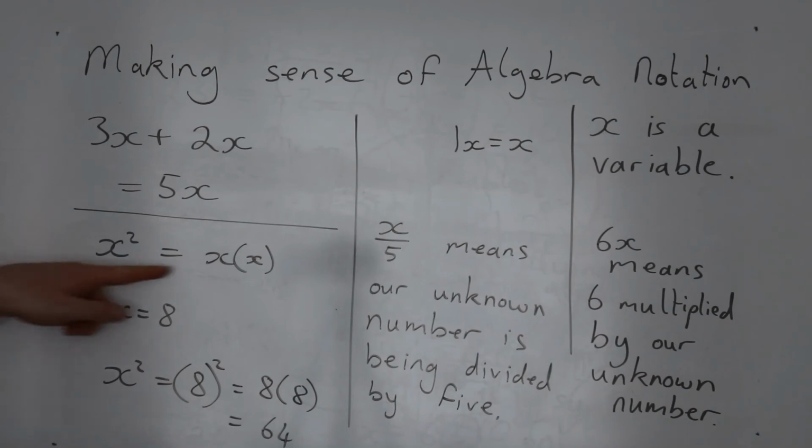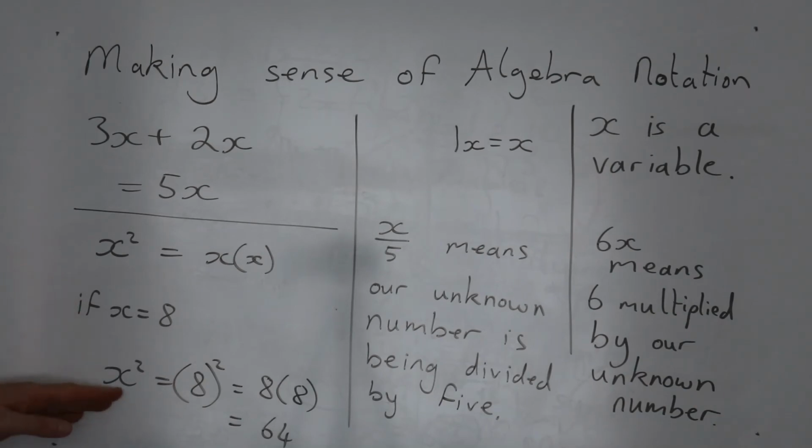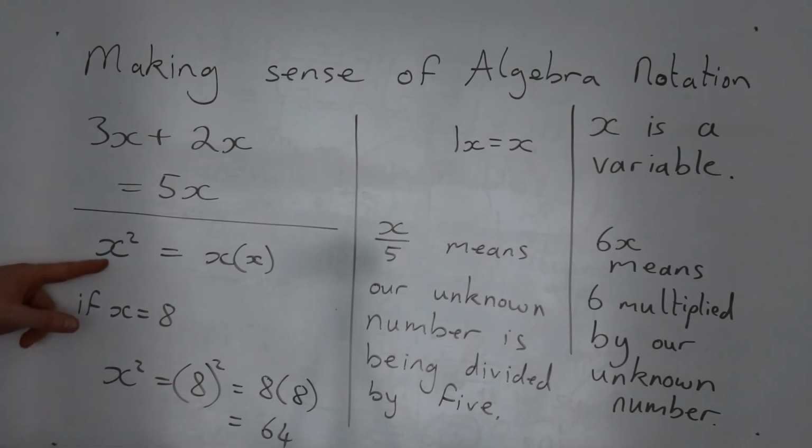So x squared is equal to x times x. So if we have x equals 8, our x squared becomes 8 squared. And that just means 8 multiplied by 8, it's 64. So again we're seeing that the algebra means the same thing as it did with our real numbers. And 8 squared means 8 by 8, or x squared means x by x.